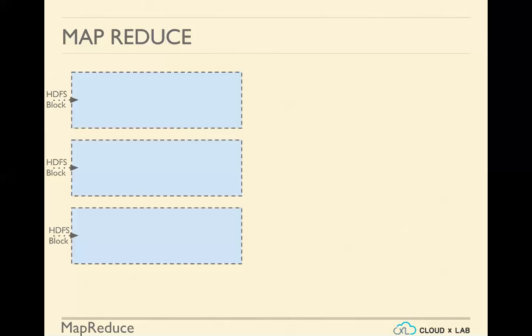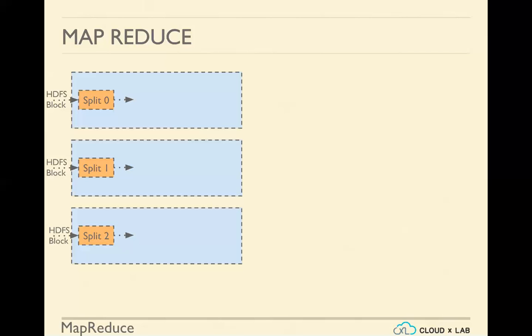All right. So let's say you have data here. Say you have three HDFS blocks for a file. That HDFS block will be translated by Hadoop into something called an input split. Input split is a logical translation of data.